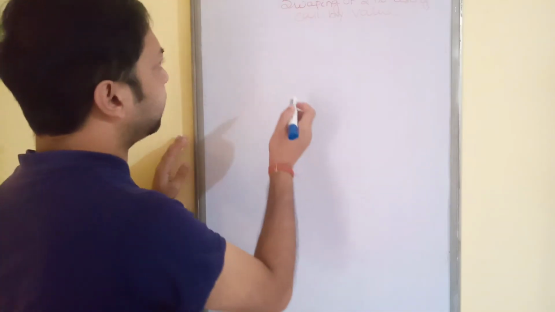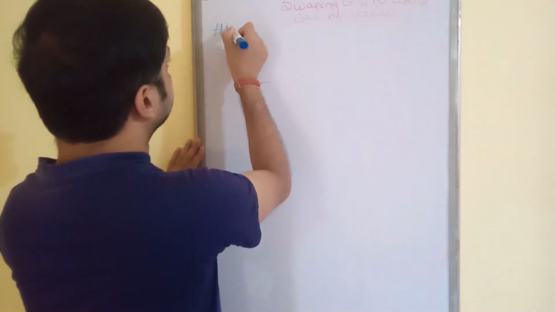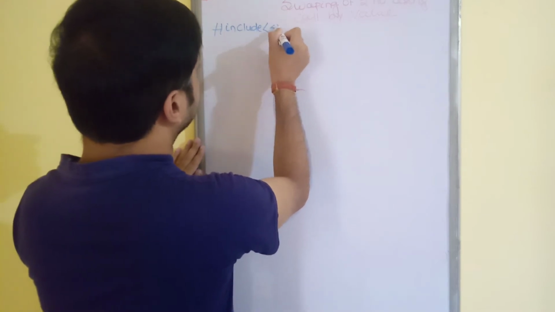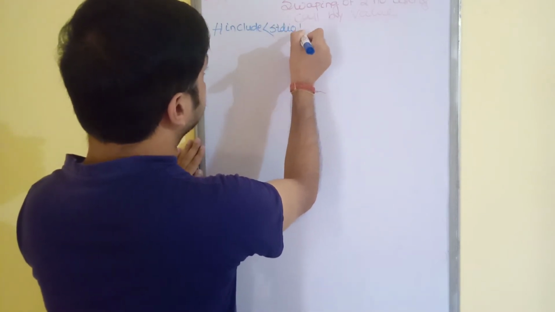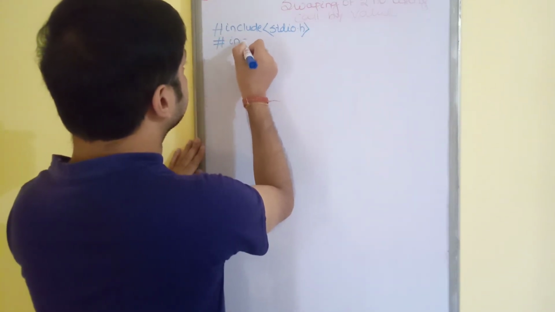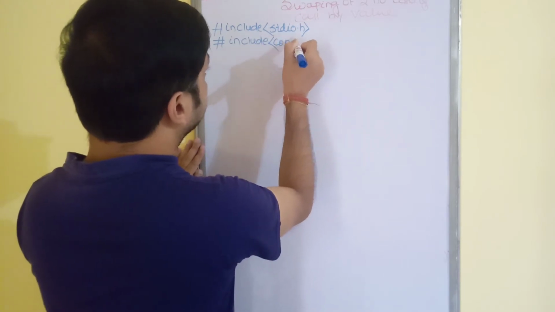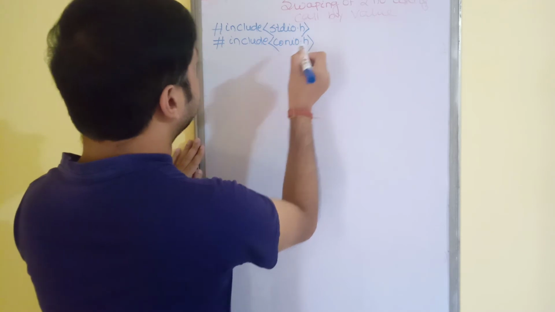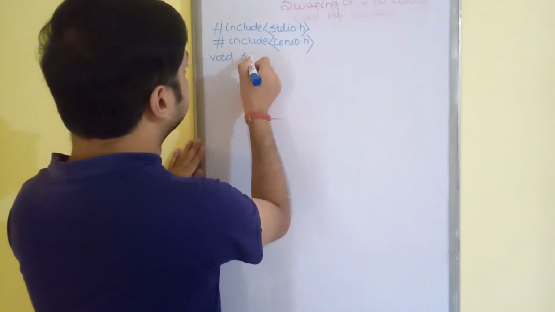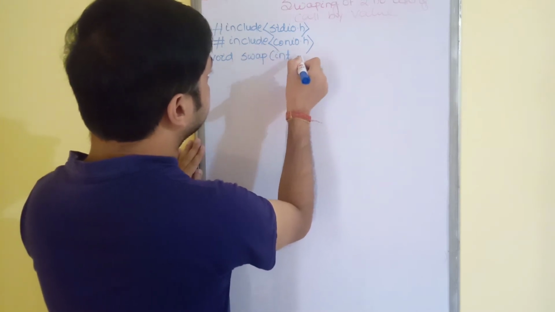That is #include <stdio.h> and conio.h. Now let me write the function definition, that is void swap with two variables, int comma int.